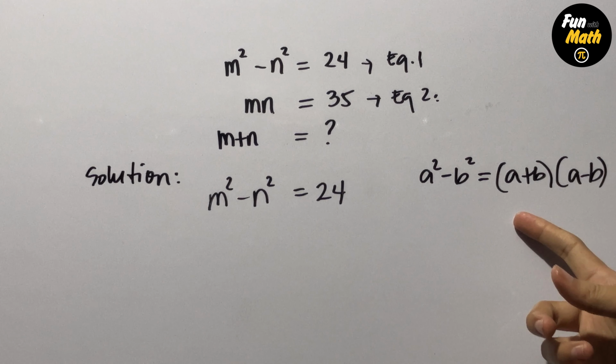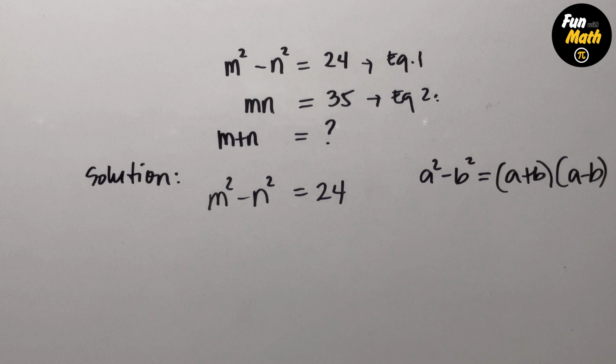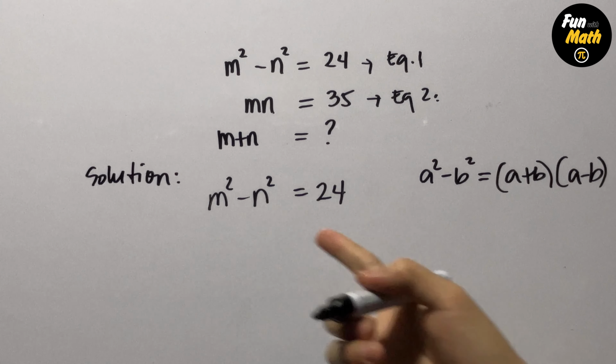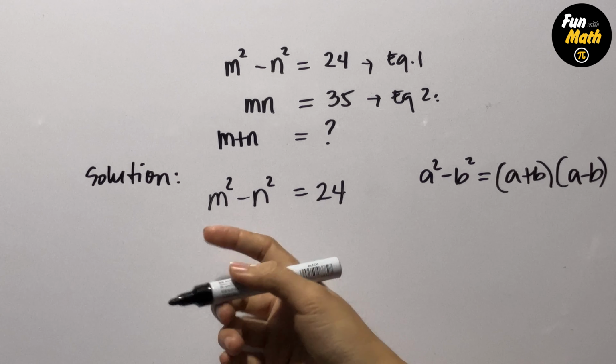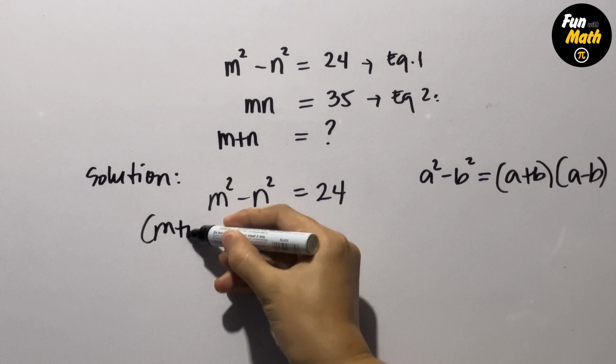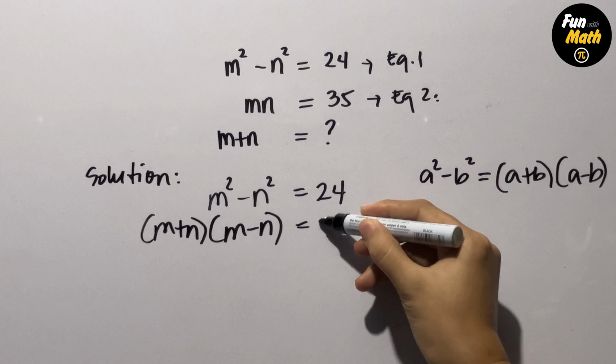So this is the sum and difference of two terms. Now for this one, m squared minus n squared, we can write it as m plus n times m minus n equals 24.